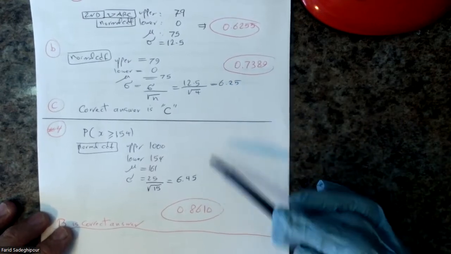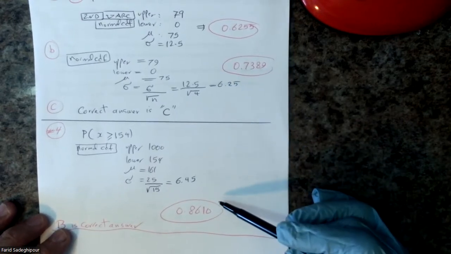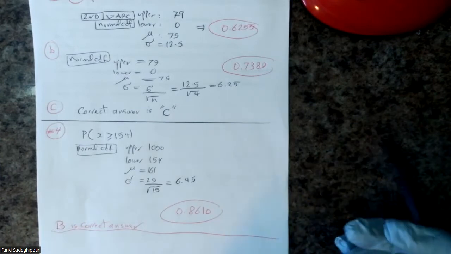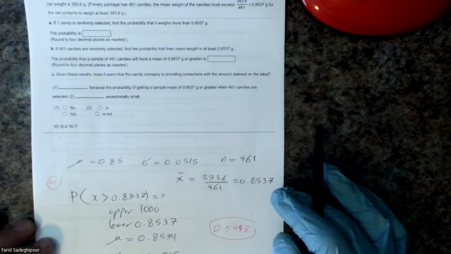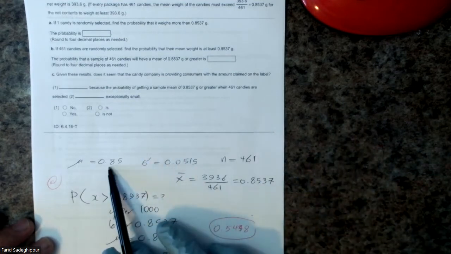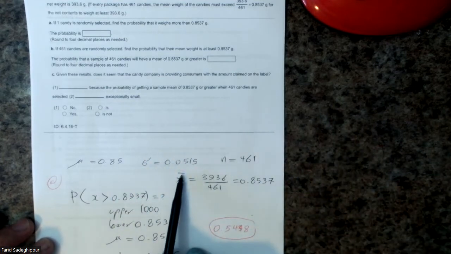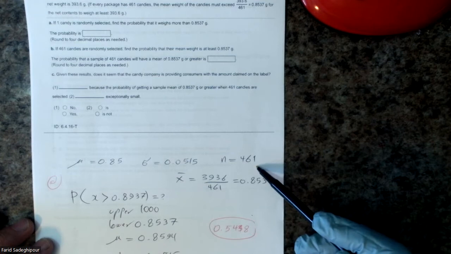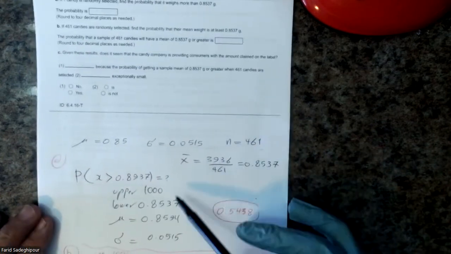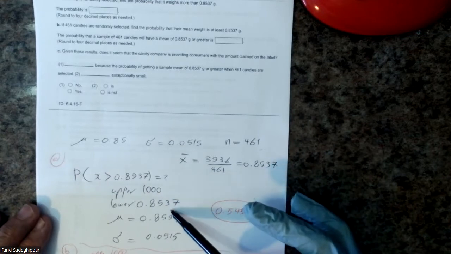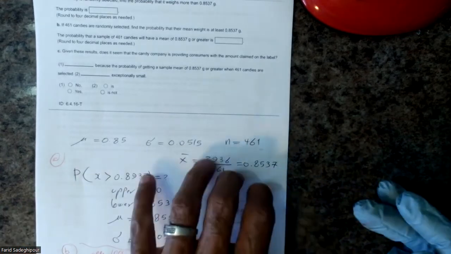So these problems are very similar as far as the calculations. Again, the mean and the standard deviations are given. N is 461. On your calculator, you put the upper level, lower level, and so on.